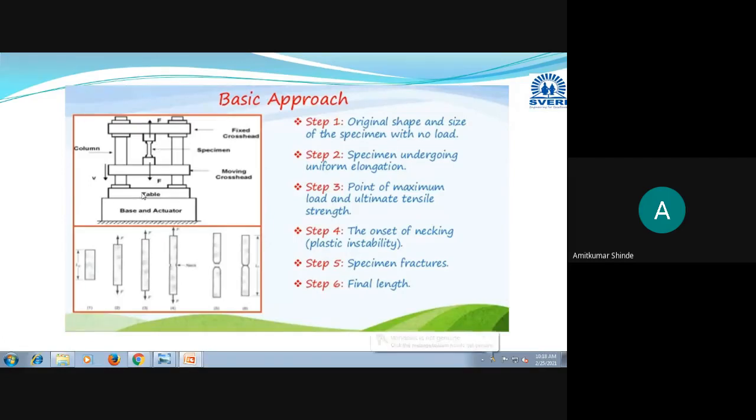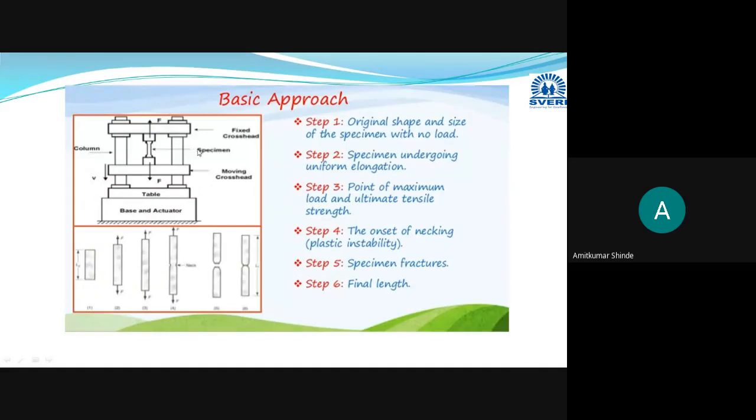Now in the second stage, you are going to fix that specimen here. Okay, in this diagram I am not going into brief details related to the constructional details of that equipment. You are all aware of it. Here we are going to fix our specimen.